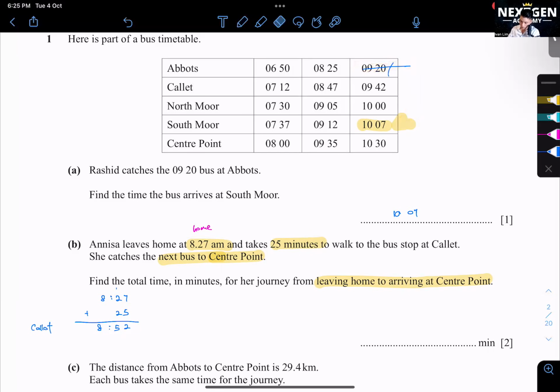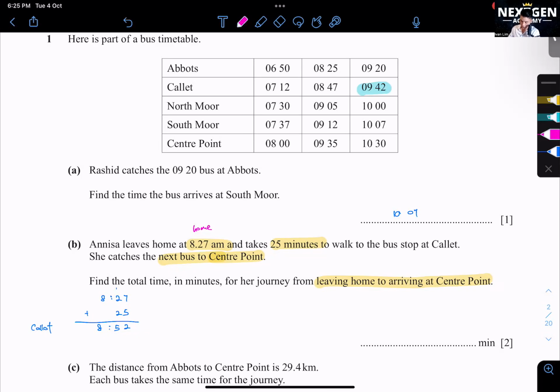So which bus will she sit at? 9:42, right? Because she cannot sit this bus at 8:47. This one left already. This one doesn't follow Malaysia timing. Malaysia timing, maybe 5 minutes later still haven't reached. So at 8:52, she has to sit this bus at 9:42.